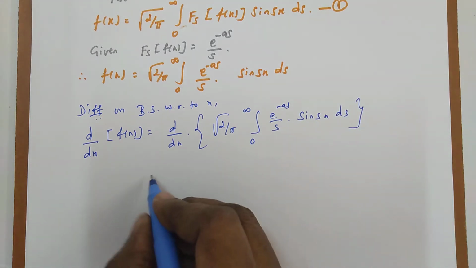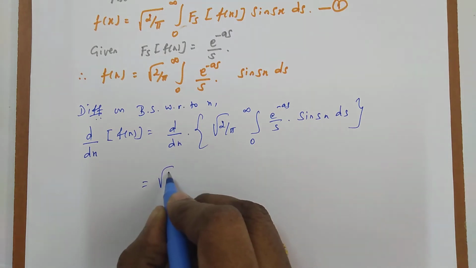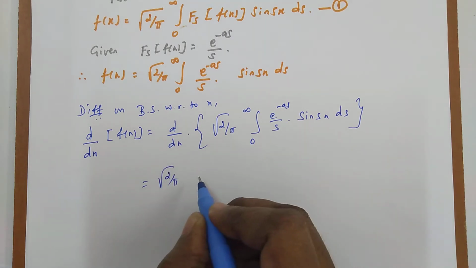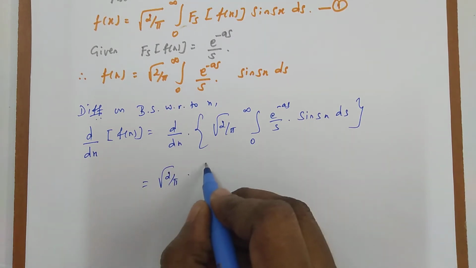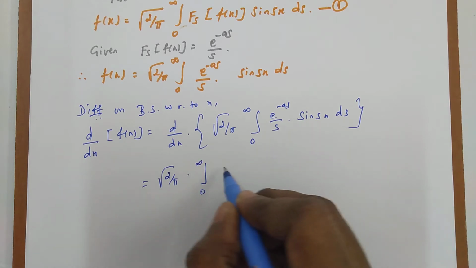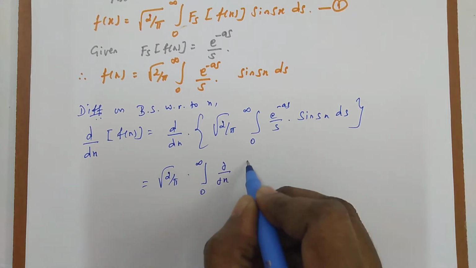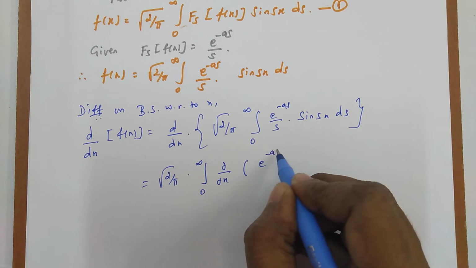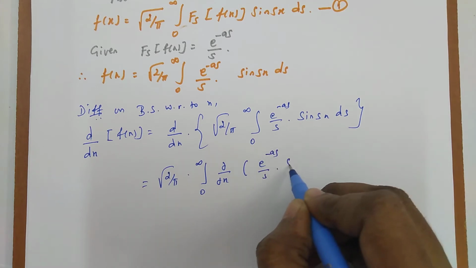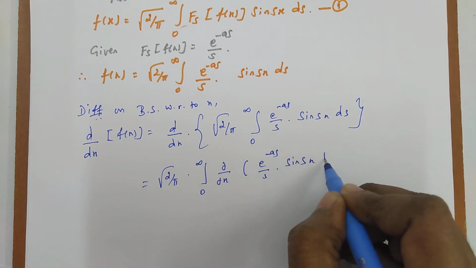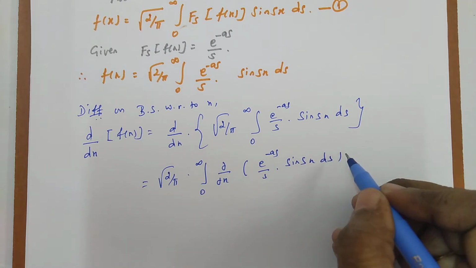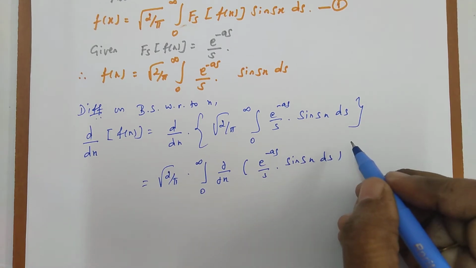Here root of 2 by pi is a constant, so we can take it outside, and integral 0 to infinity dou by dou x of e power minus as by s into sin sx ds. Why is it dou by dou x?